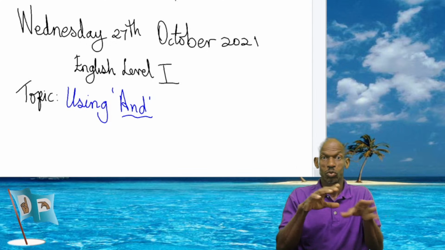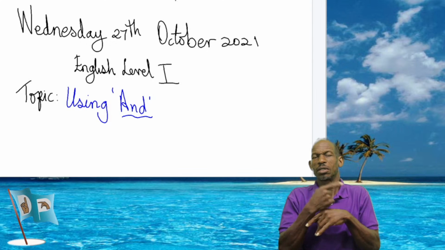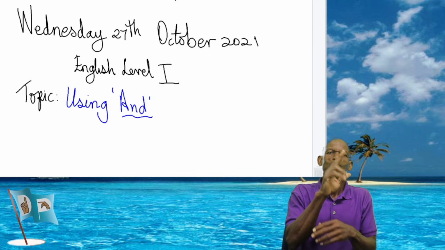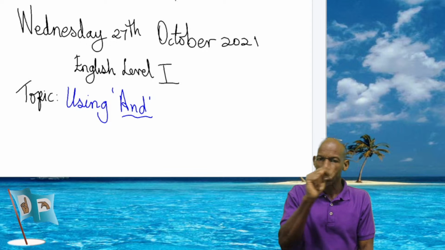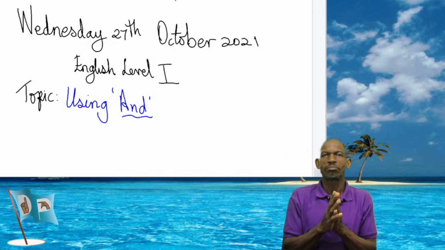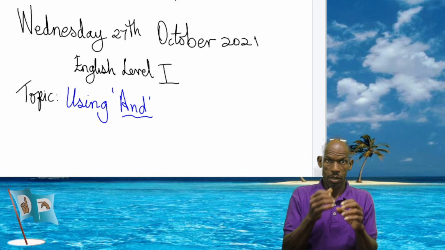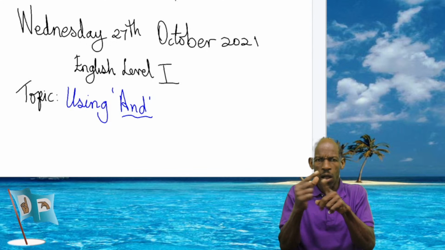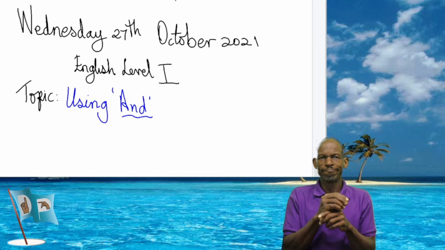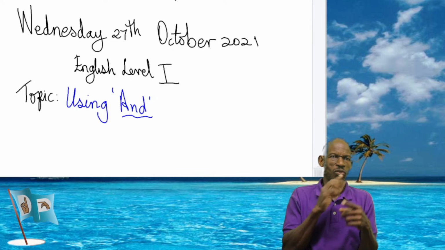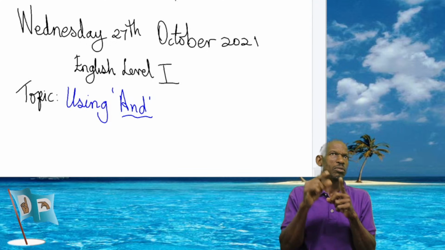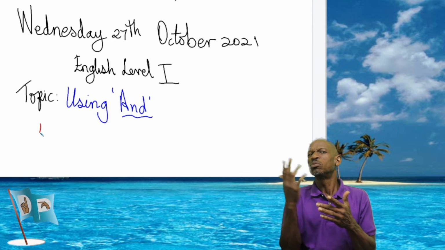Okay. Last week we were doing pronouns. We did pronouns for a while, and today we're going to move on to a new topic, which is using "and." We use "and" when we are joining or making a list of similar types of words, the words that we use when we are speaking. We have nouns.